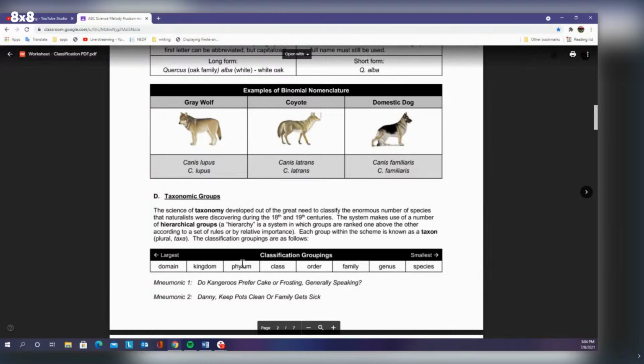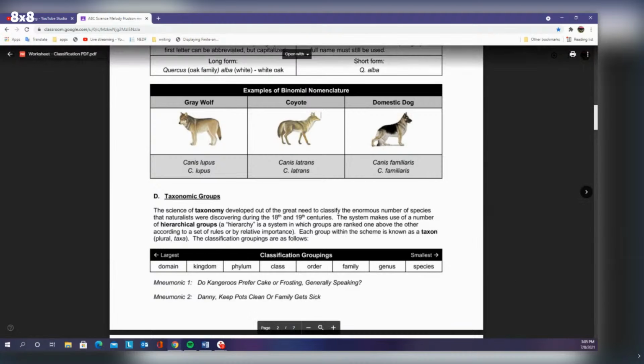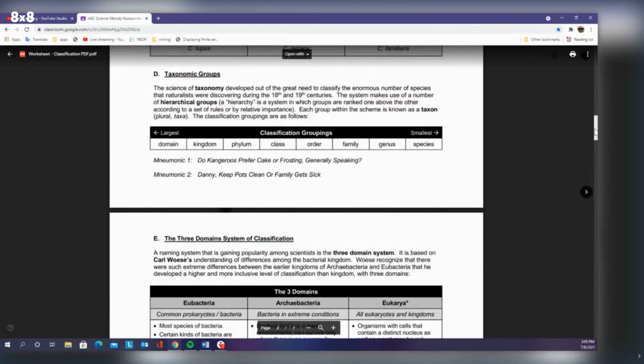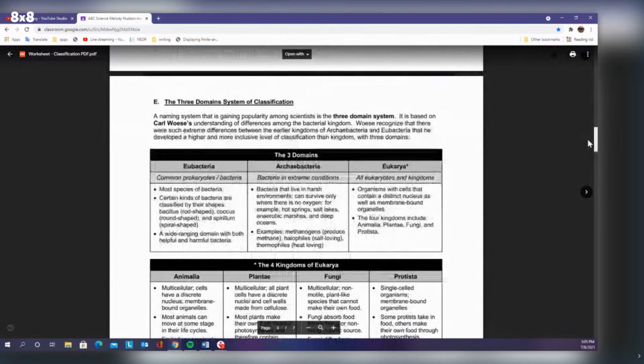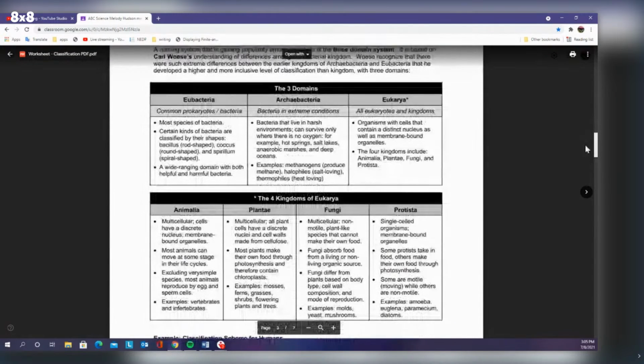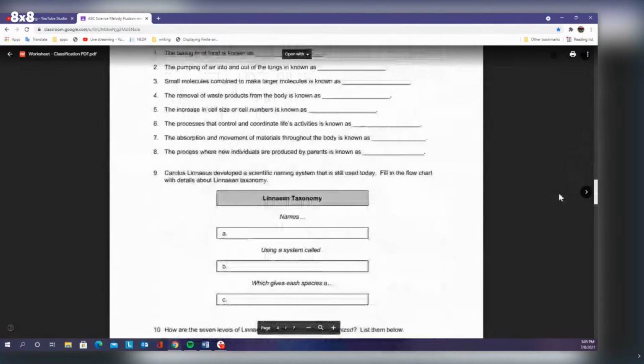Do kangaroos prefer cake or frosting? I'm sorry, generally speaking. So this is how you remember. And again, we go from the largest to the smallest. Then we have the different domains of classification, classification for humans, and then the review.